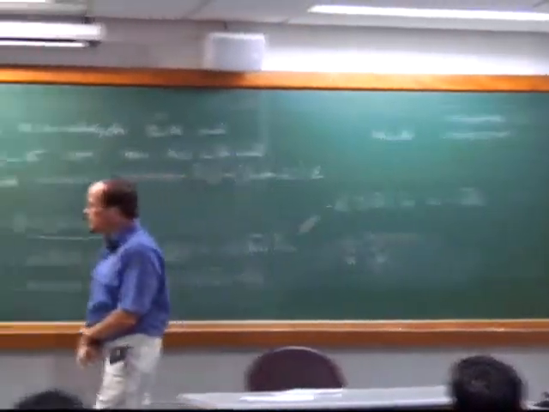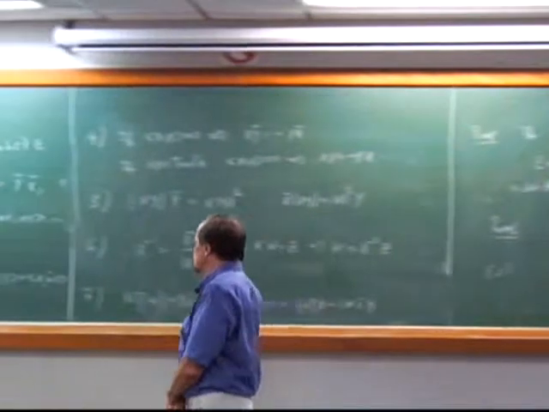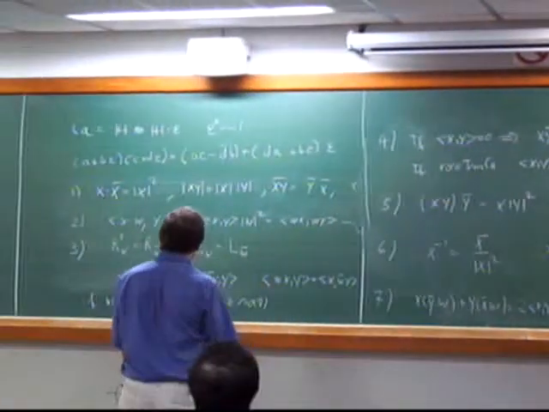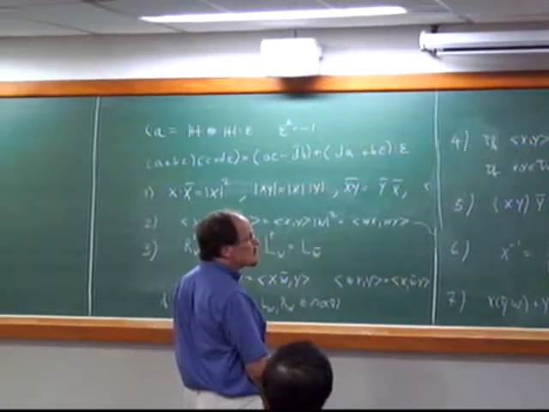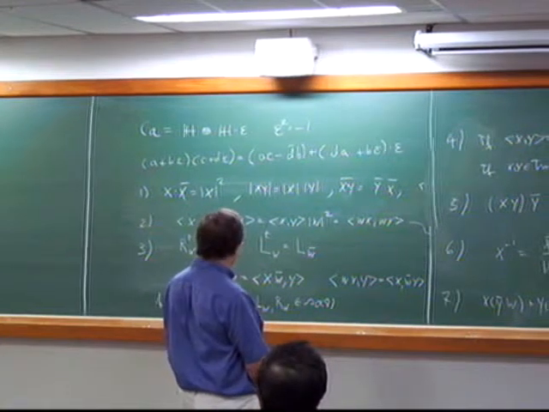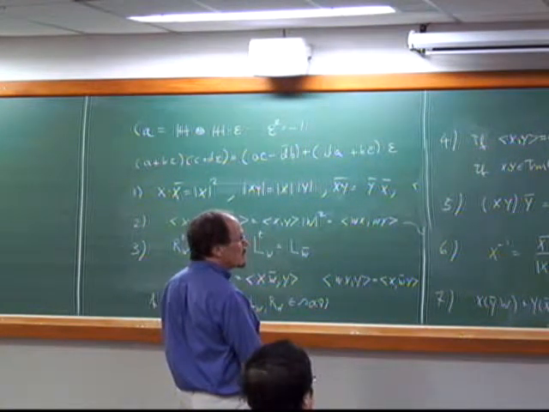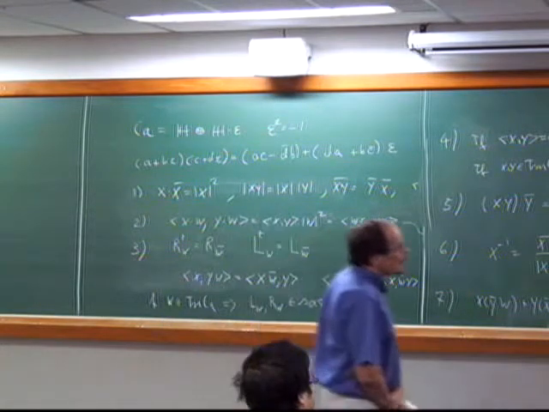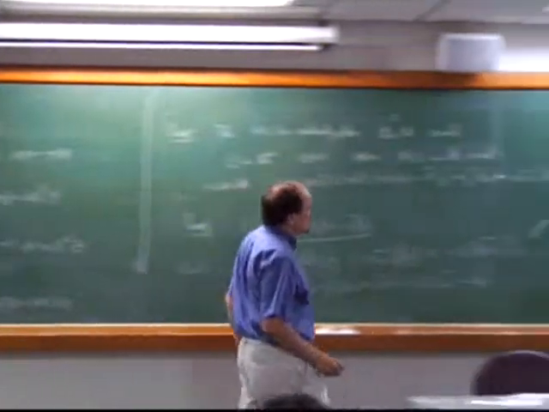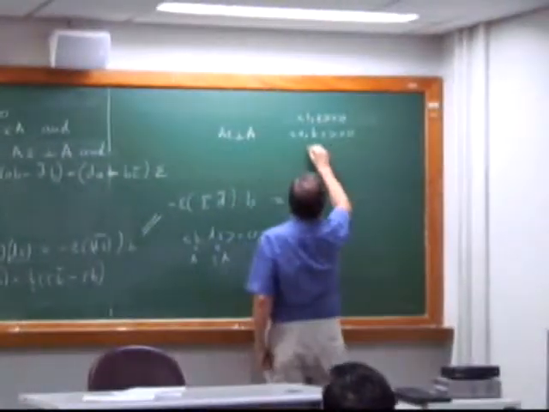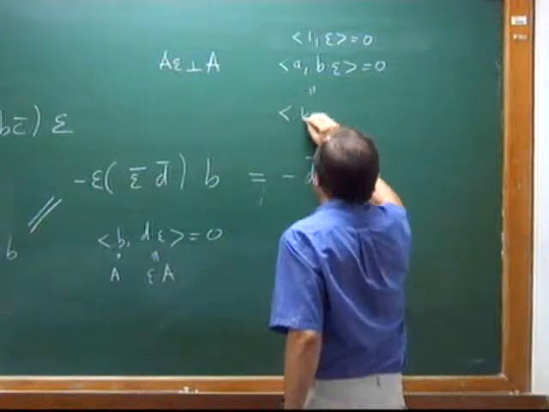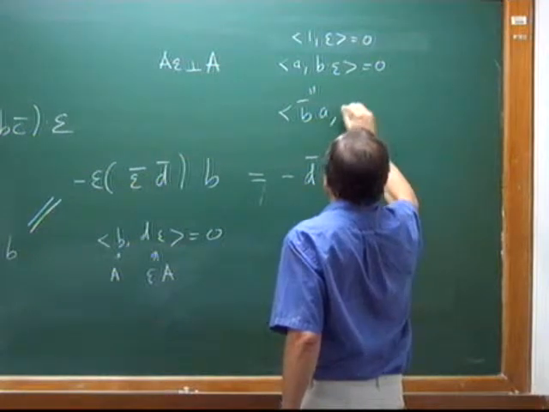This means that, what rule? B minus 1 times A, A is orthogonal to epsilon. Yes. Okay. So let's write this as B bar A times epsilon.